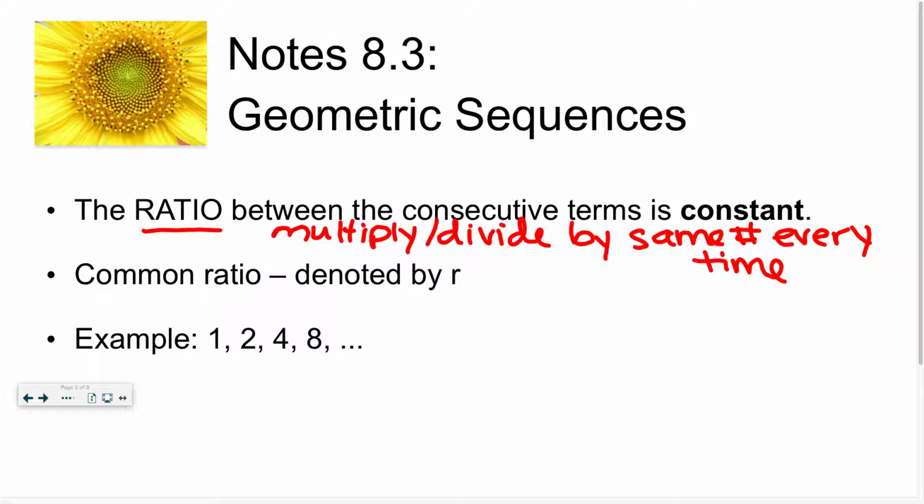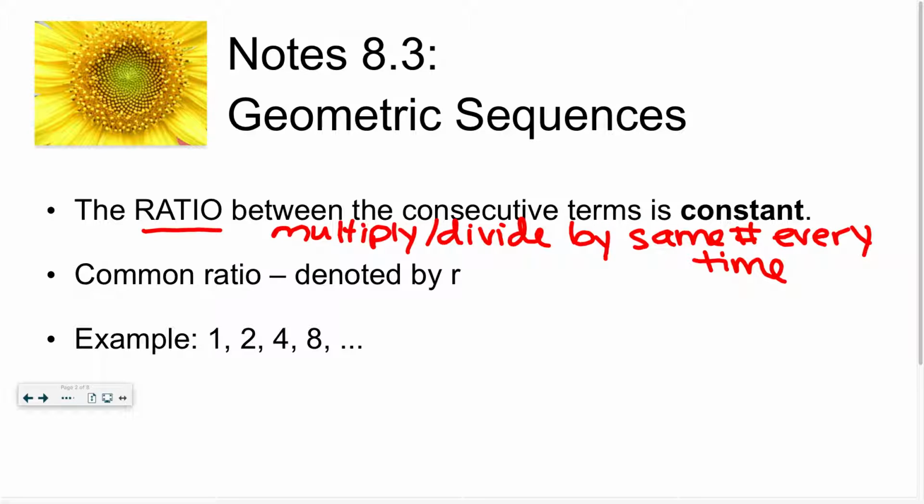So I think on your quiz tomorrow there will be a set of questions where it will give you a sequence and it'll say, is it arithmetic, geometric, or neither? And I usually test first for arithmetic. Am I adding or subtracting the same thing every time? Do I have a common difference? If I have a common difference, then it's arithmetic.